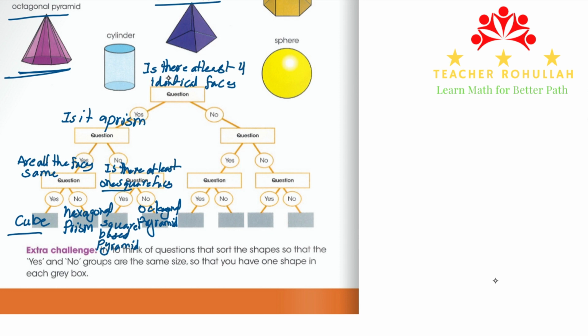So the answer to the question at the top, which says, is there at least 4 identical faces? If the answer is no, there is a follow-up question again. What should be the question?